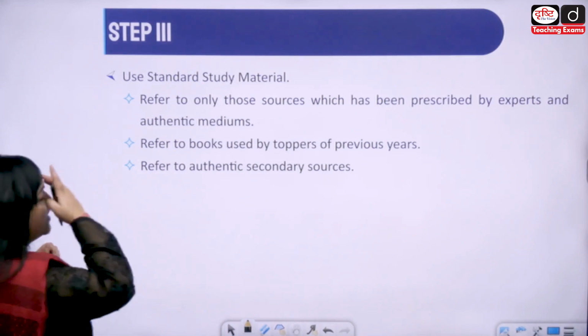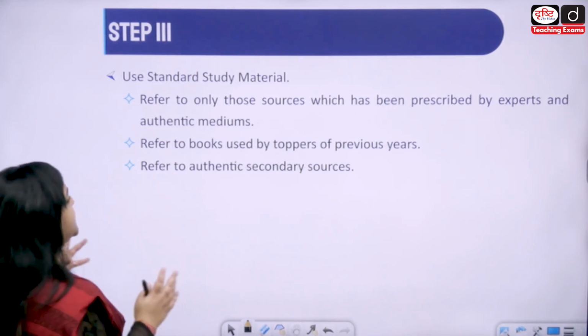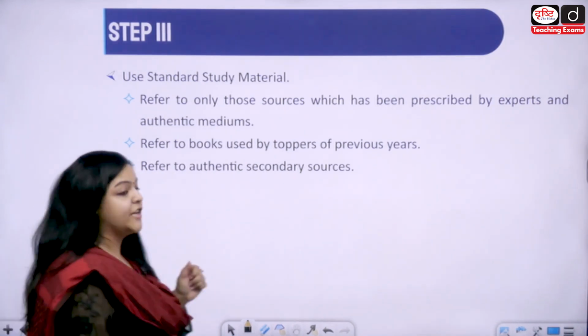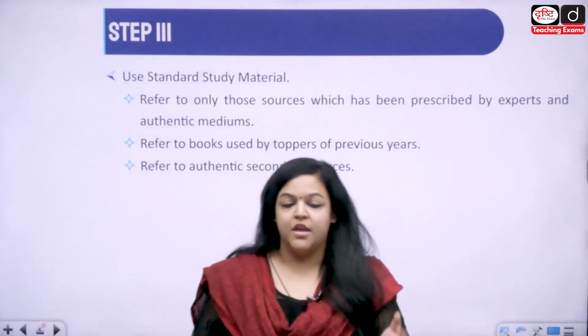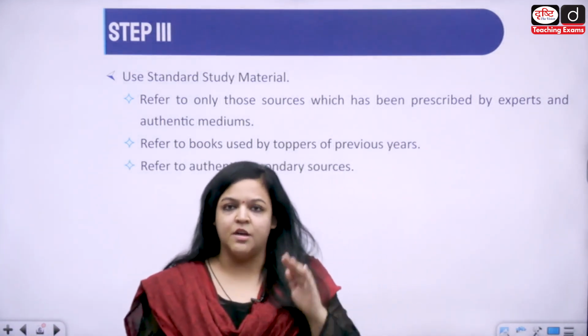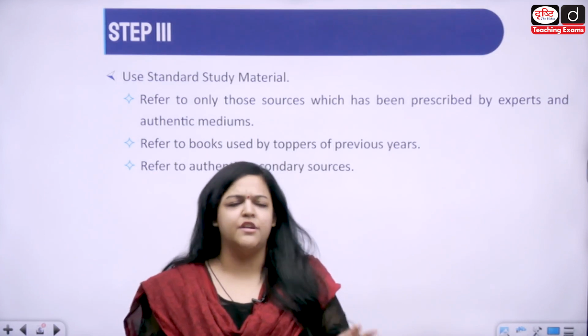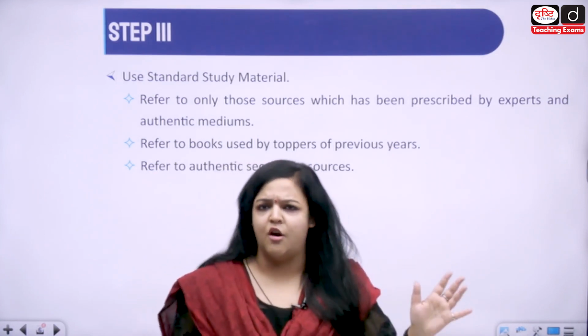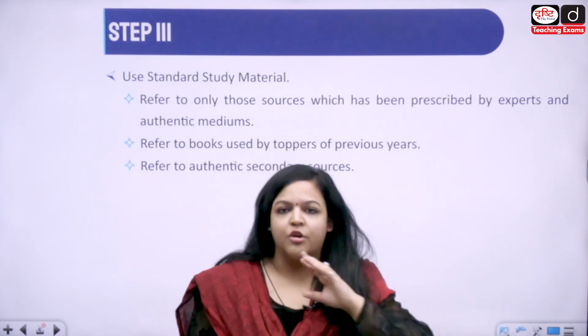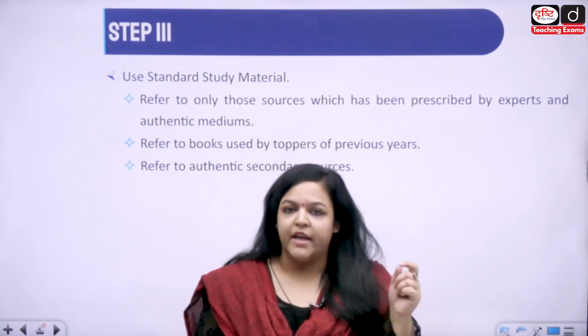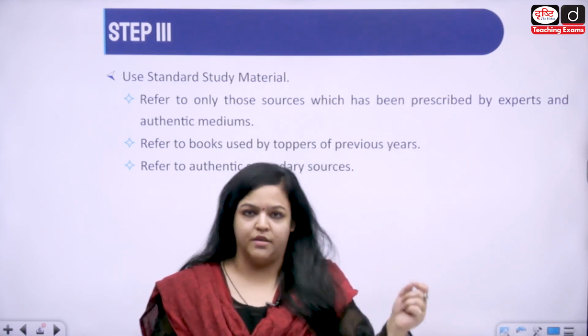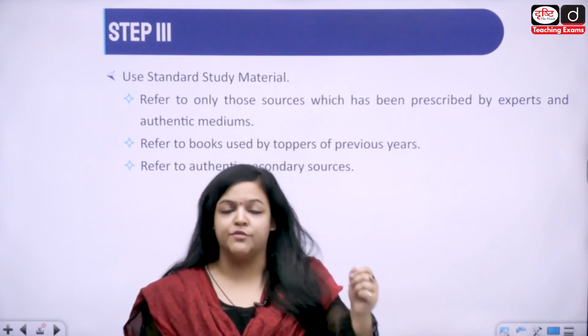Next step. Use standard study material. This actually is very important. Now, if you just search for UGC NET material, you will find a plethora of it. But not every material is trustworthy. Not every material is up to the mark.